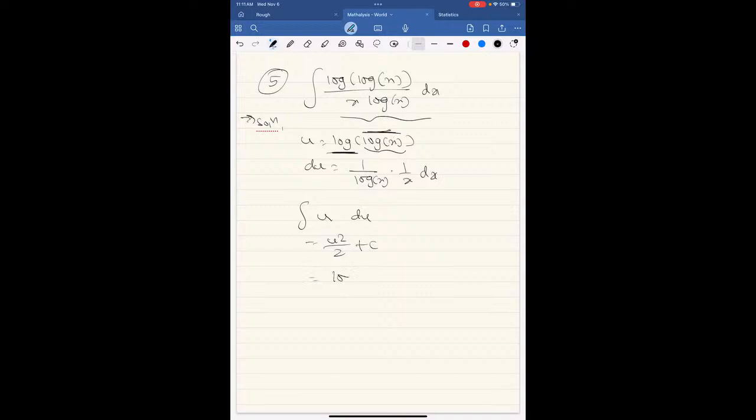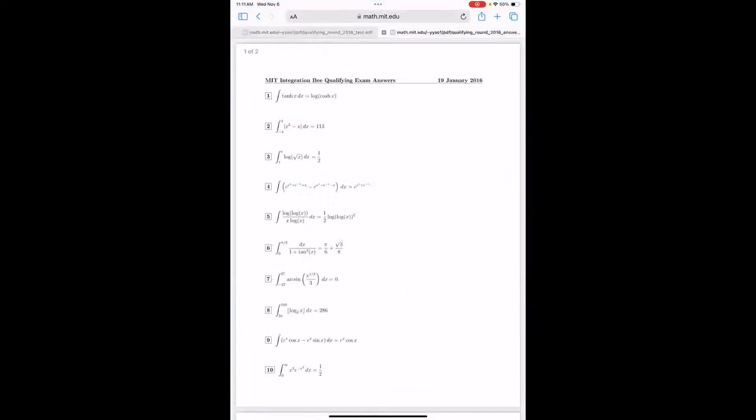So this is log of x square by 2 plus c, and that's the answer. This is a pretty easy problem actually. Yeah, log of x square by 2. Now let's go to the next one.